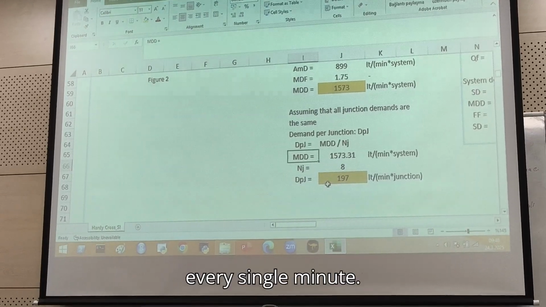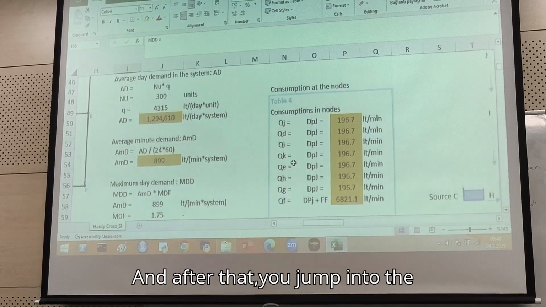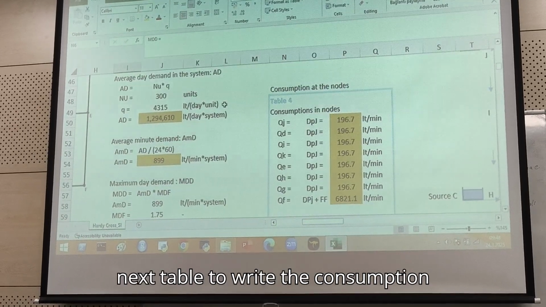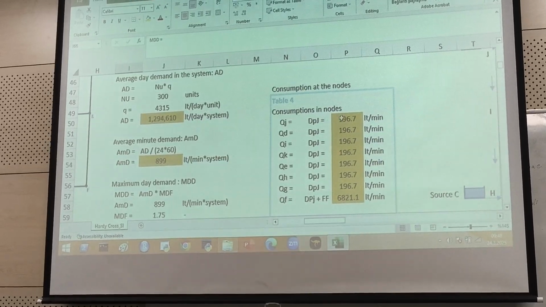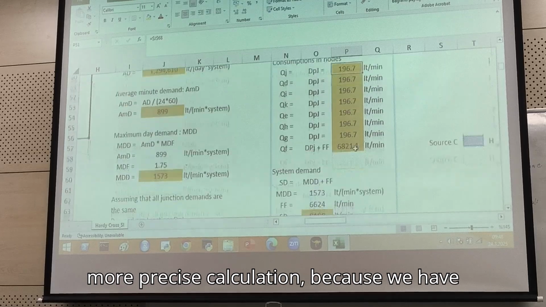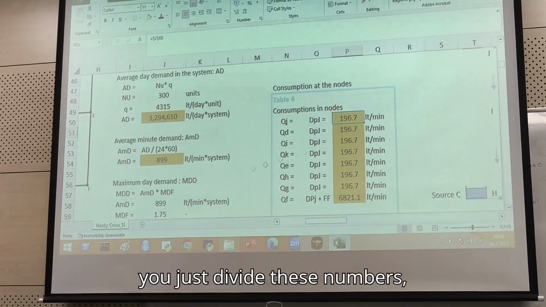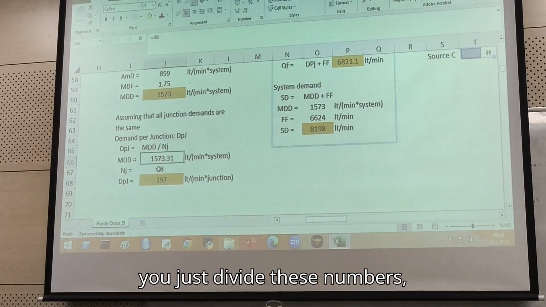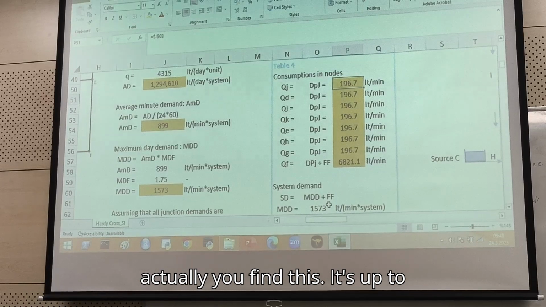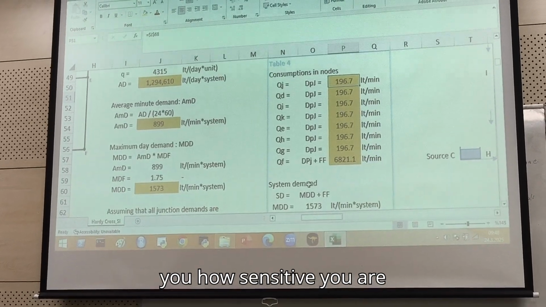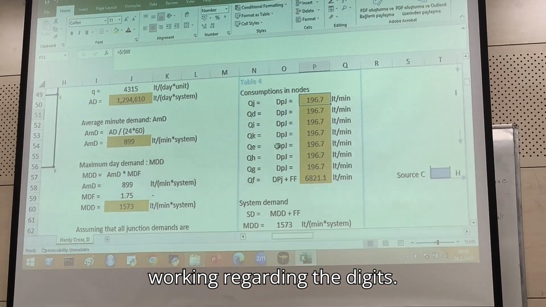Okay? And after that, you jump into the next table to write the consumption in the nodes. This is a bit more precise calculation because we have found 197, but if you just divide these numbers, you know, this is a number with digits, actually you find this, okay? So it's up to you how sensitive you are working regarding the digits.